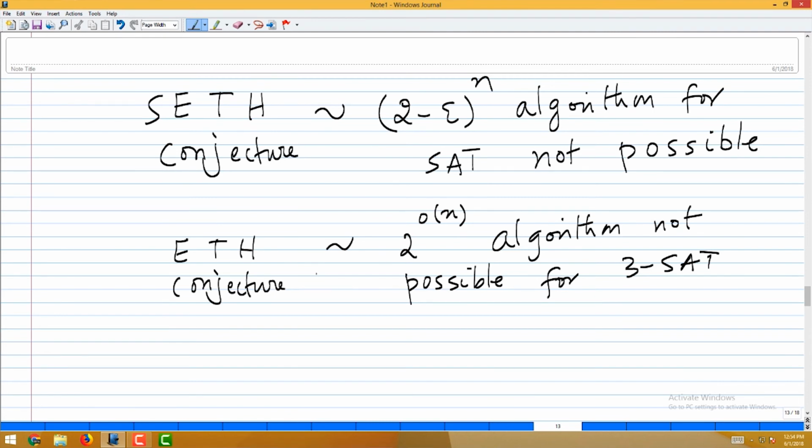There is a lot of recent research on this, where if you improve the algorithm for shortest path by a bit, then you can solve satisfiability in better than 2 power n. There are all kinds of such reductions, and this is really the current area of research in this algorithms world.